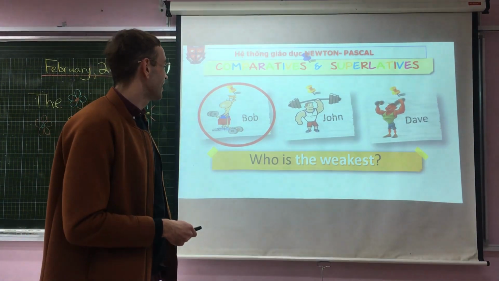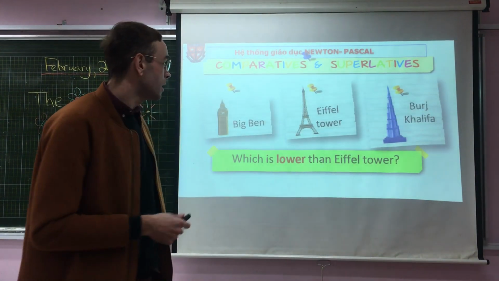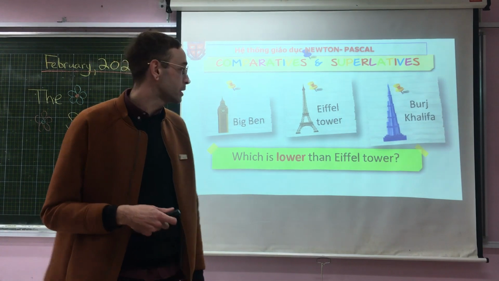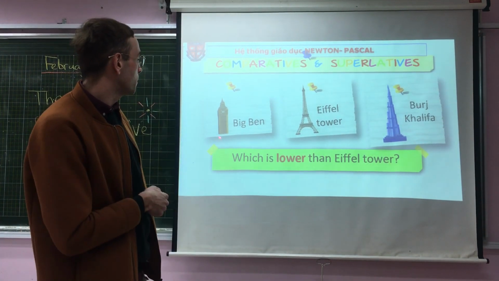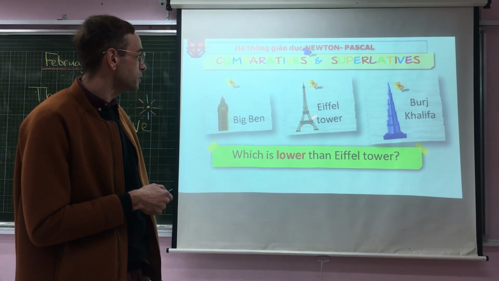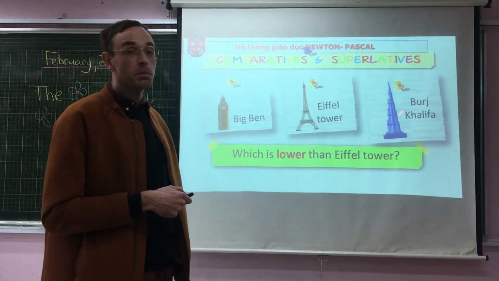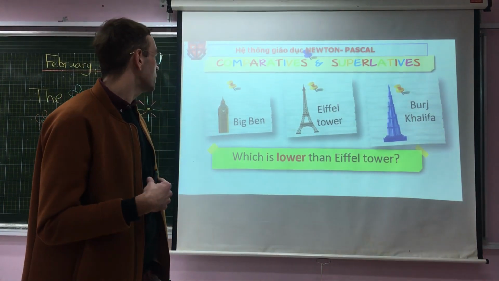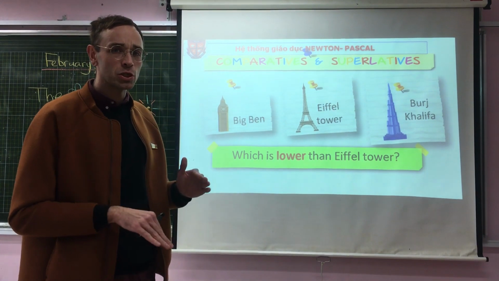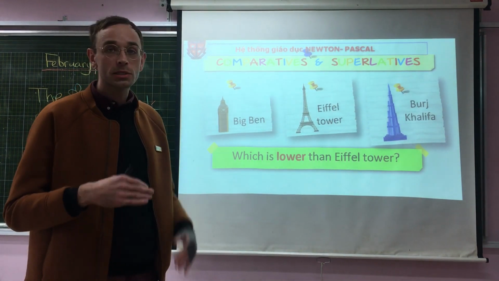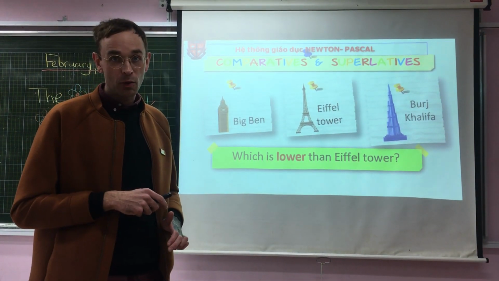All right, let's continue. Now we have 3 buildings here. We have a building called Big Ben, one called the Eiffel Tower, and one called the Burj Khalifa. And just by looking at these pictures, which one looks lower than the Eiffel Tower?